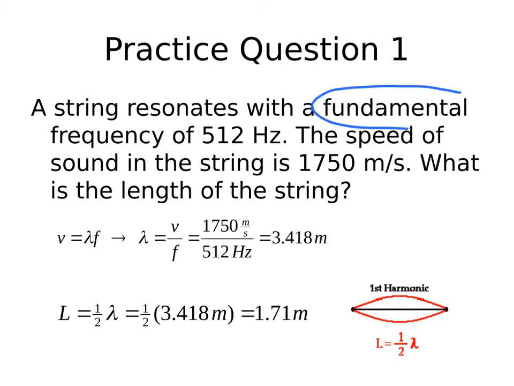If this is the fundamental, which we are told it is, then that means that it's oscillating in the first harmonic. With the first harmonic, we have the length of the string is equal to half the wavelength. And so we'll substitute the wavelength in, and we get 1.71 meters for the length of the string.